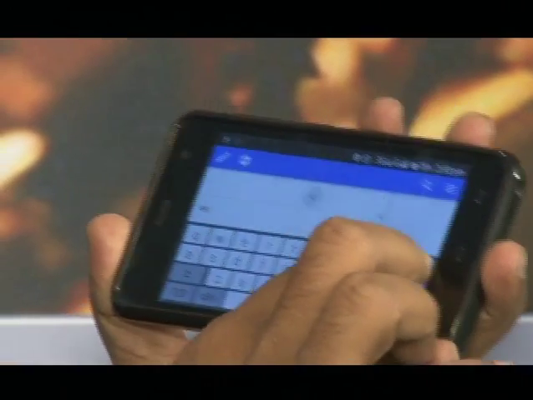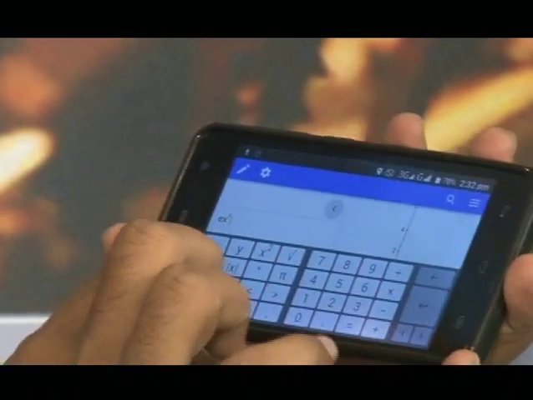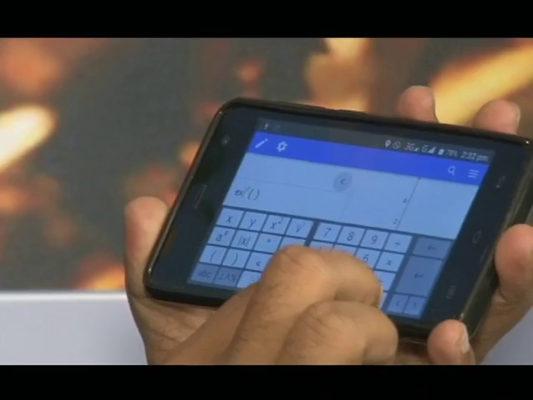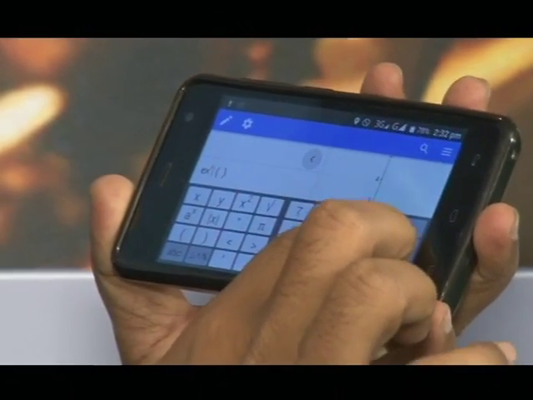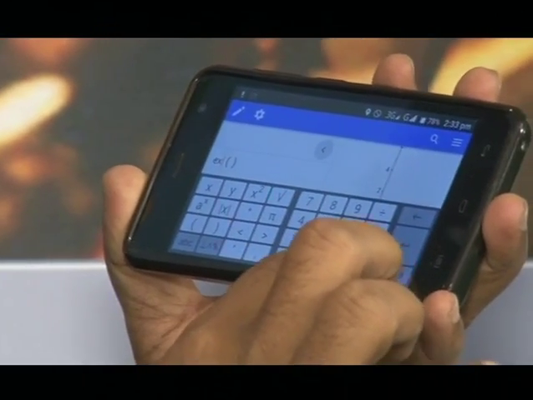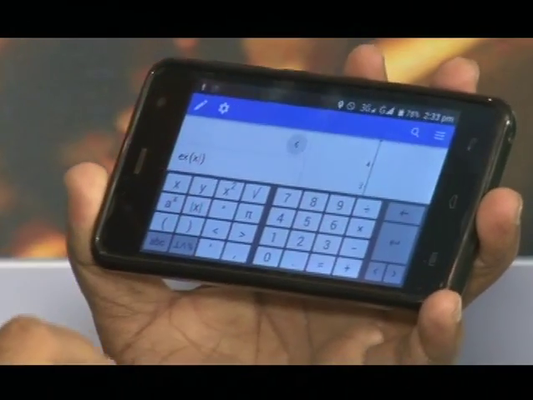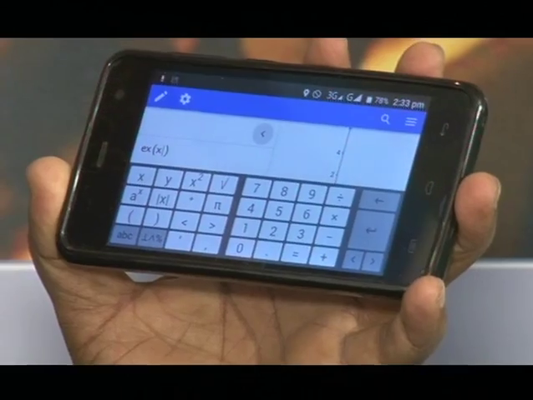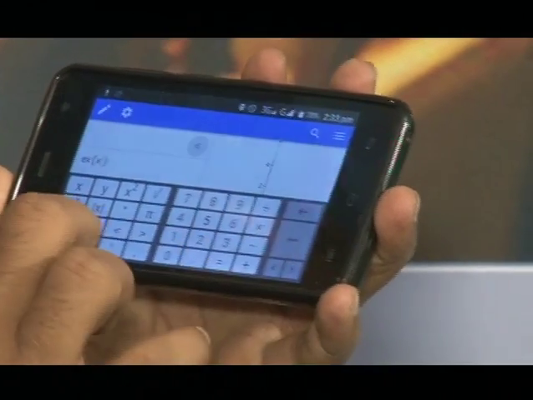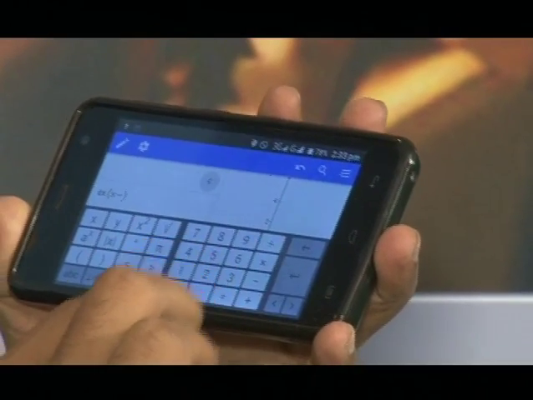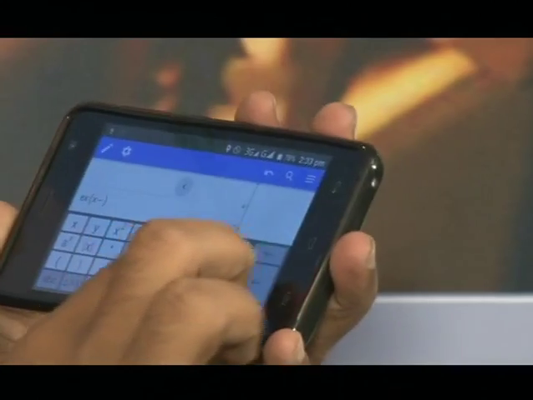exp. So, within the bracket I have to type x. So, it represents e to the power x. Then the sign, so it is plus, not minus.